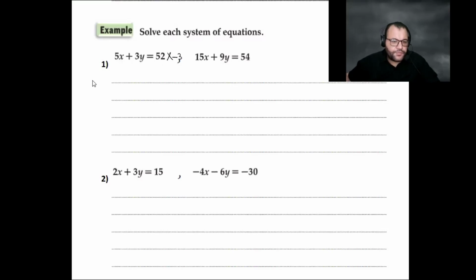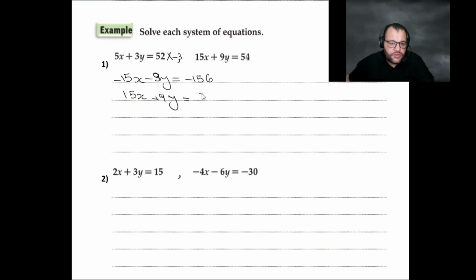One of them positive and the other negative. So negative 15x minus 3y equals negative 156. The second one will be 15x plus 9y, this one 9, not 3.